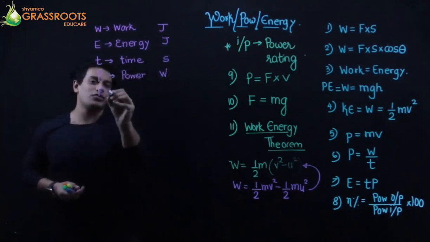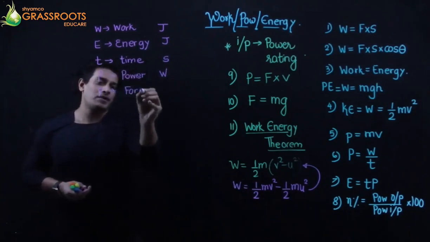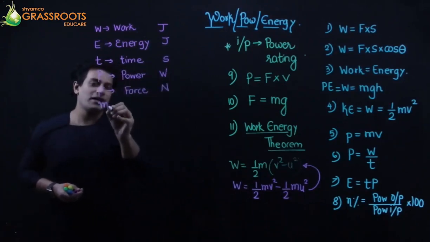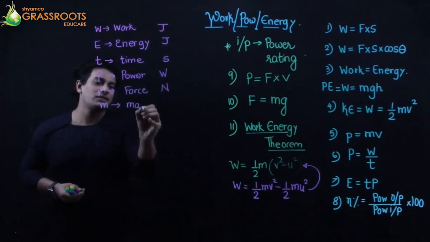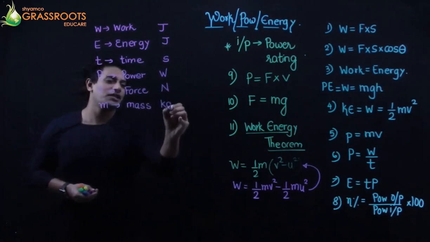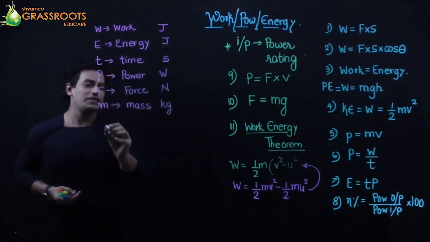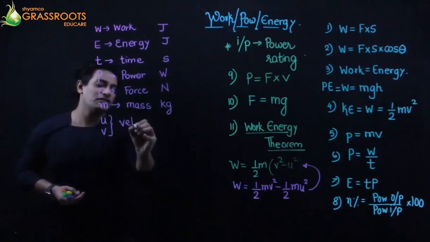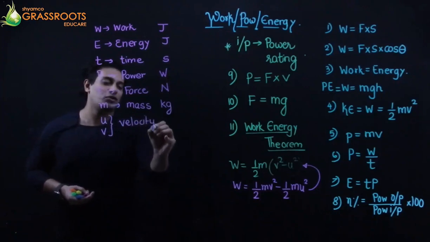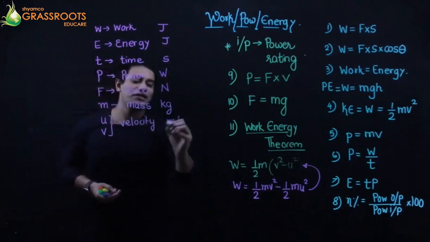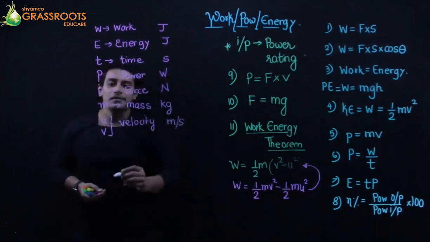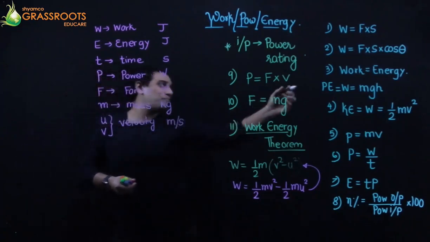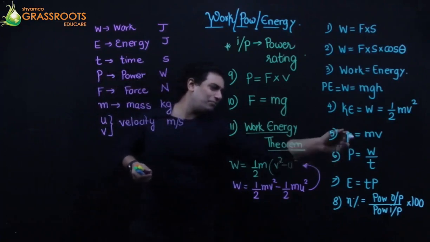F is for force, and force is measured in Newton. Small m stands for mass. Mass is measured in kilogram, right? U and V, they stand for velocity, that is initial and final velocity measured in meter per second. Then क्या है और इसमें? We have potential, kinetic, yeah, that's it. E, T, P is done.